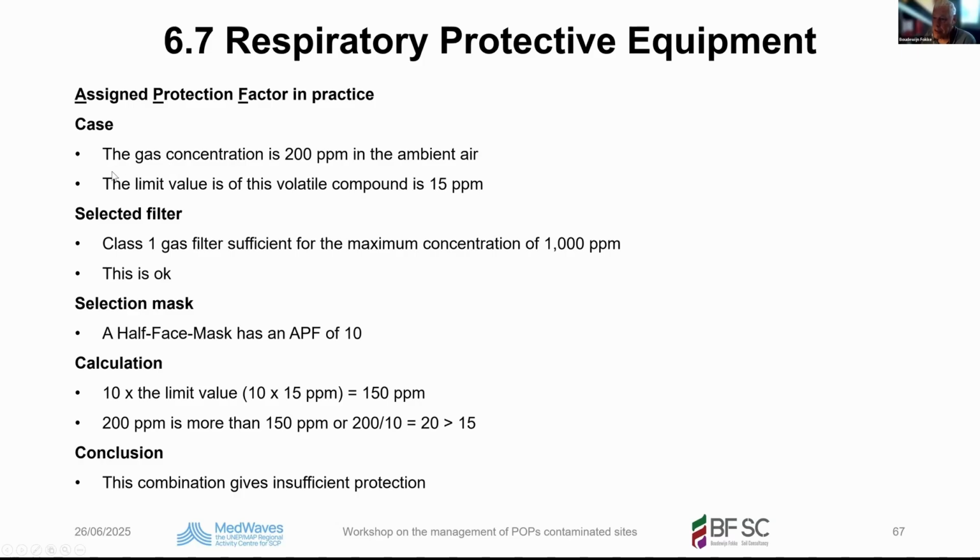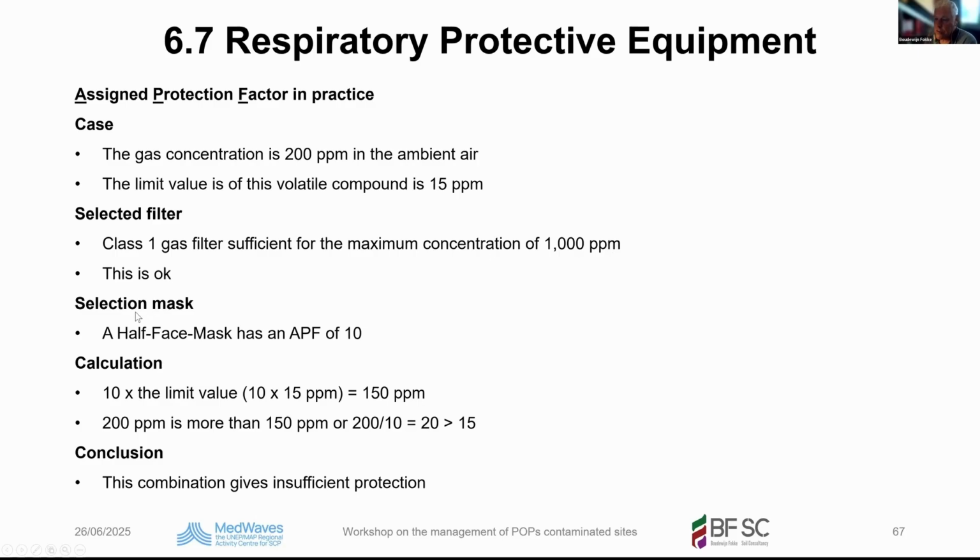Now in practice, the gas concentration is 200 ppm in the ambient air. The limit value of this volatile compound is 15 ppm, so you are allowed to be exposed to 15 ppm. For the selected filter, you select a class 1 filter, which is sufficient for a maximum concentration of 1000 ppm. So the filter is okay.